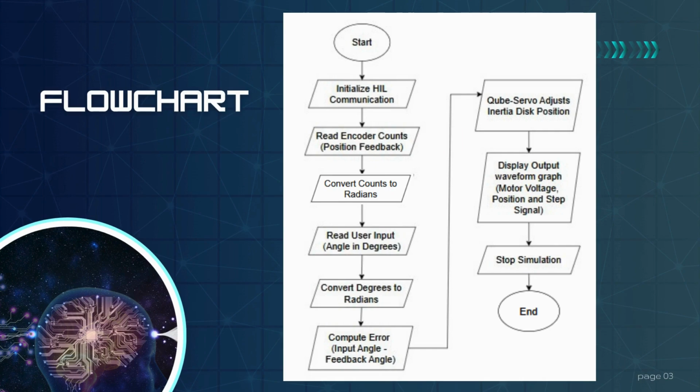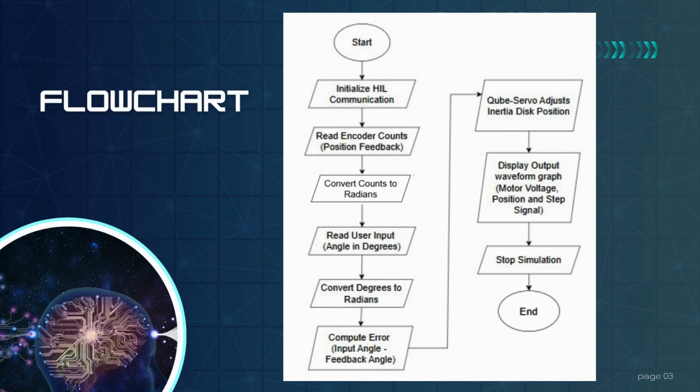Because the encoder gives the position in counts, we need to convert these values into radians, a standard angular measurement. This is done using a gain, typically multiplying the count by 0.00307. This gives us the actual angle of the inertia disk in radians, which will be used in the control calculation.